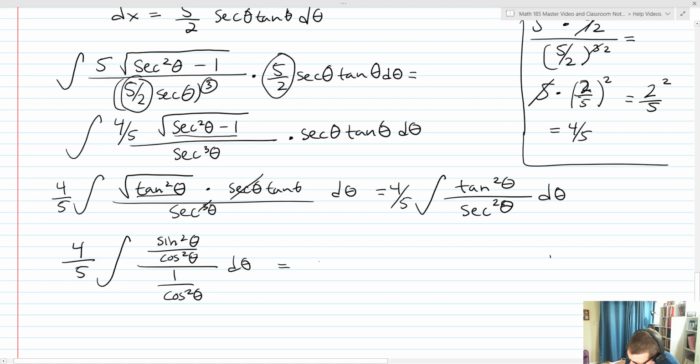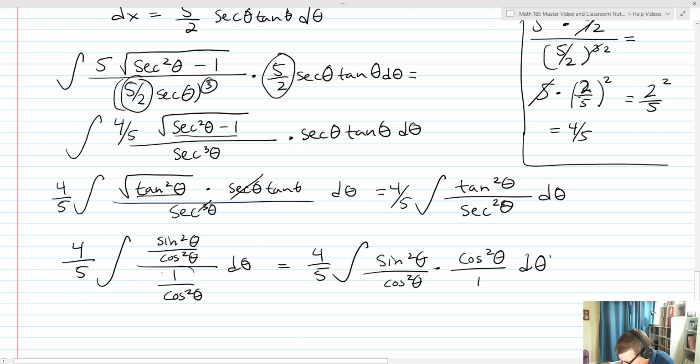So this is now going to equal 4/5 times the integral of sine squared theta over cosine squared theta times cosine squared theta over 1 d theta. Because we're dividing, we've got to multiply by the reciprocal of that. So those cosine squared thetas go away, and this ends up equaling 4/5 times the integral of sine squared theta d theta.